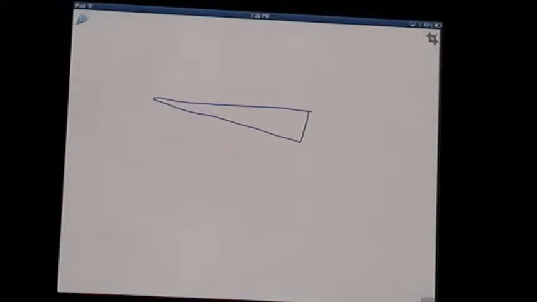Number 7. We have a real skinny triangle here. Okay, and we have root 26. And root 26 is close to root 25, so it's a little bit more than 5. Okay, then we have 5, and we have 1.